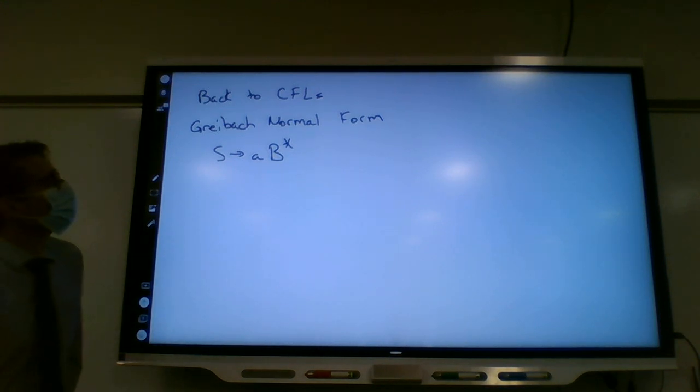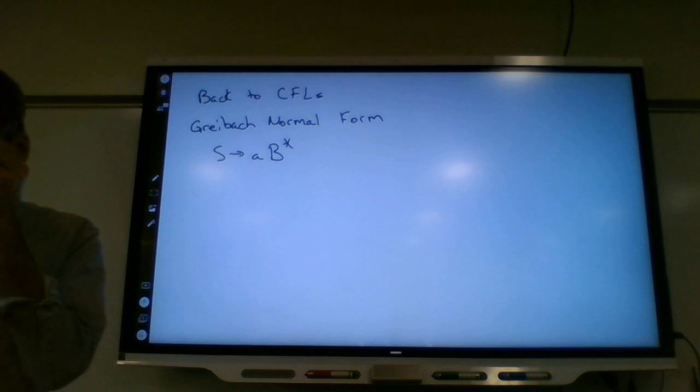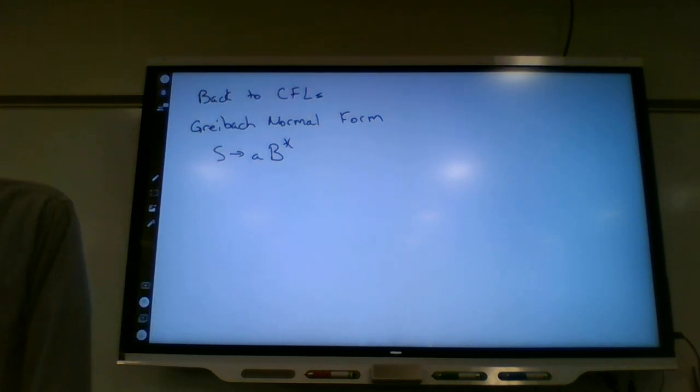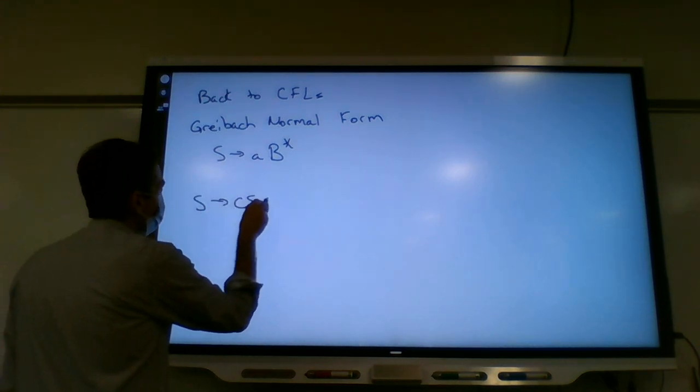What's the benefit of this normal form? Well, let's look at an example of something that's not in that form and convert it, and then we'll see what that can tell us.